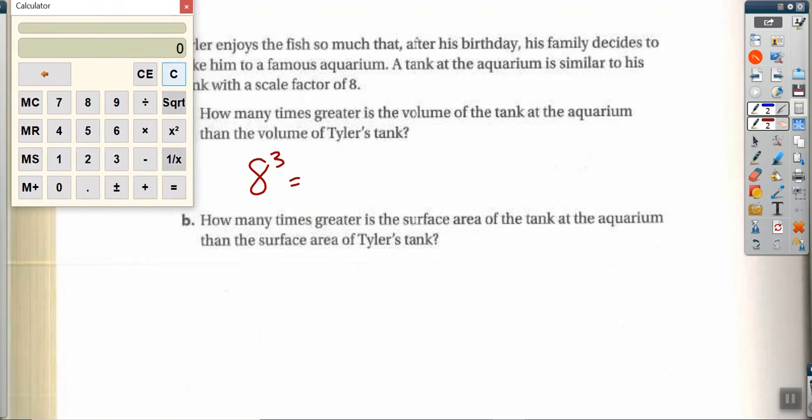So we're going to take 8 times 8 times 8, and that's going to give us 512. So the new aquarium that has been increased by a factor of 8 is 512 times larger. The volume is 512 times larger than the original one.